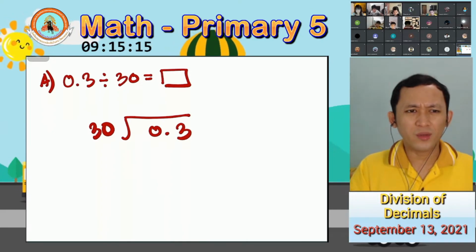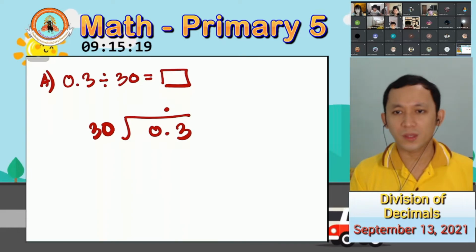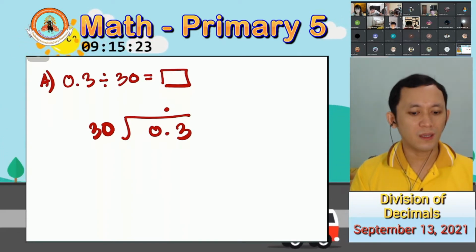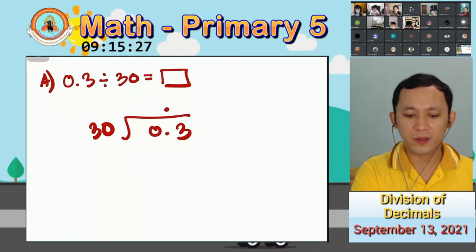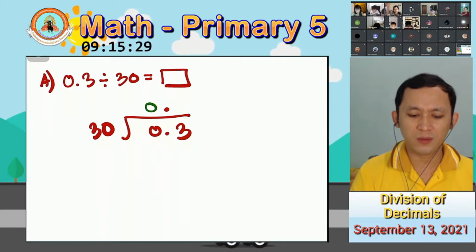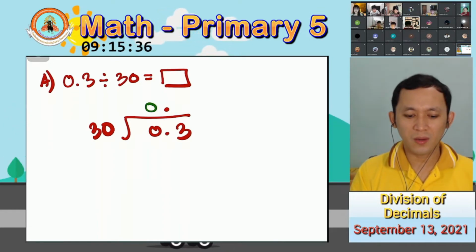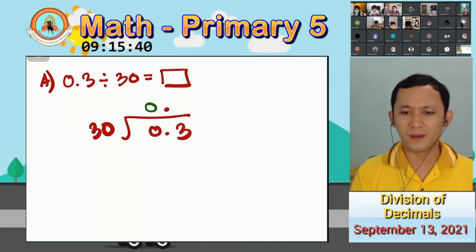Okay. Again, you have many techniques. Teacher, can I write my decimal point? Okay, you can, so that you will not be confused. Now, 0 divided by 30, you cannot divide that one. Okay, so let's have 3. 3 divided by 30, can we divide that, Atakon?